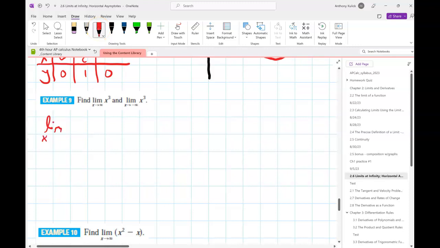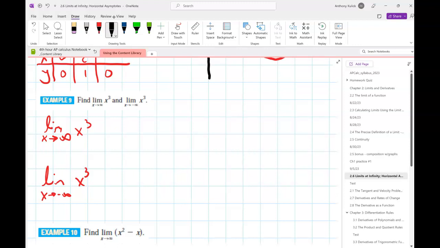So here we're asked the limit as x approaches infinity of x cubed, and the limit as x approaches negative infinity of x cubed. Again, I can't do a direct substitution here, right?